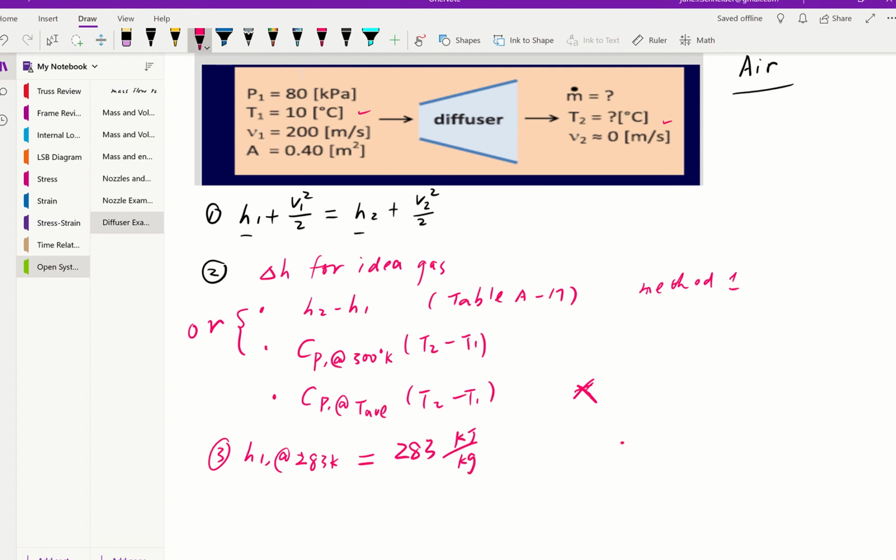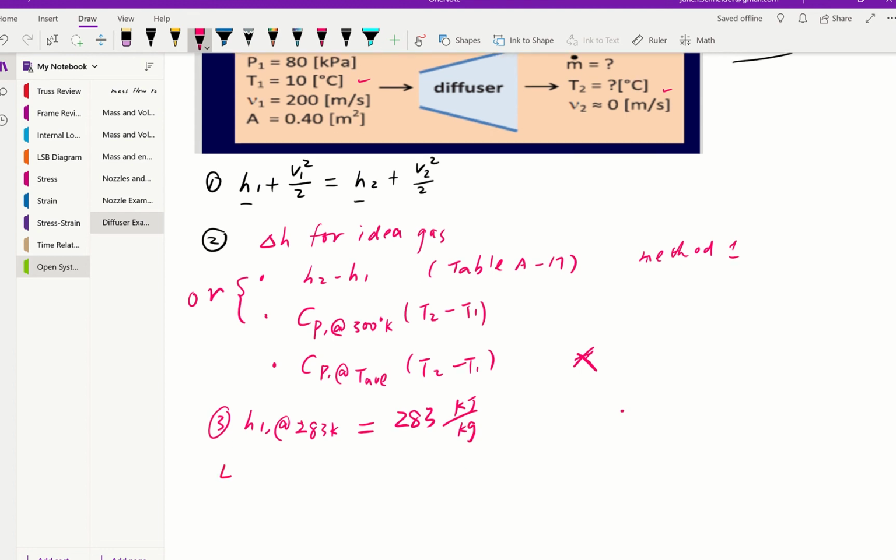So we found our h1, then we go back to this governing equation to solve for h2. Plug in h1 as 283, and half V1 squared with V1 of 200. Be aware of the units: h is in kilojoule per kilogram, so we need to multiply by 1000 to get joule per kilogram, because half V1 squared has units of joule per kilogram.